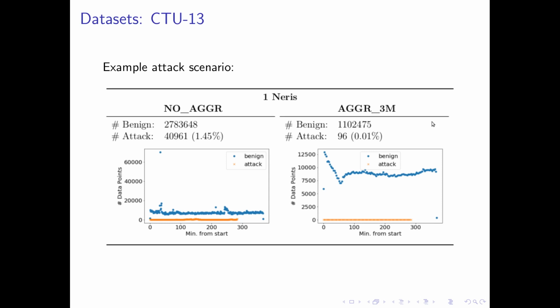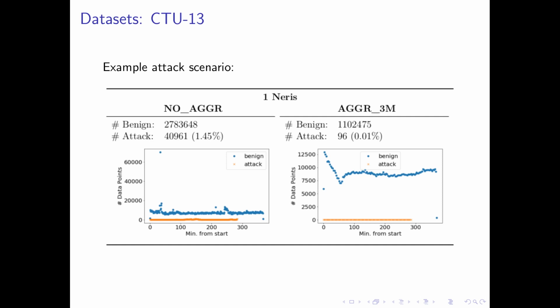On the left we see the network flow data points, so without aggregation, and blue are benign data points, and orange in this plot are attack data points. This basically shows you the rate from the start of this attack.